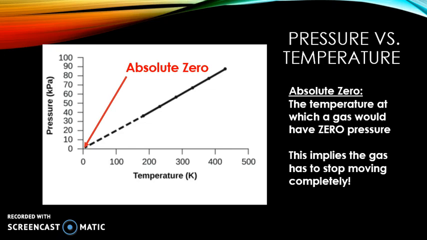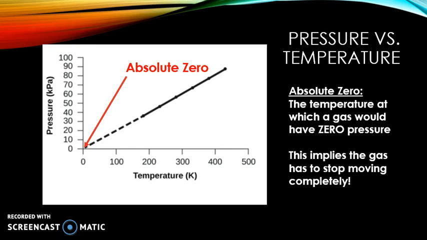Unfortunately, what that implies is to have 0 pressure, the gas particles can't strike the side of the container at all. That implies that they have to completely stop moving. I don't really think it's possible to completely stop a gas particle from moving. So unfortunately, what that means is that absolute zero right now is an impossible temperature to reach.